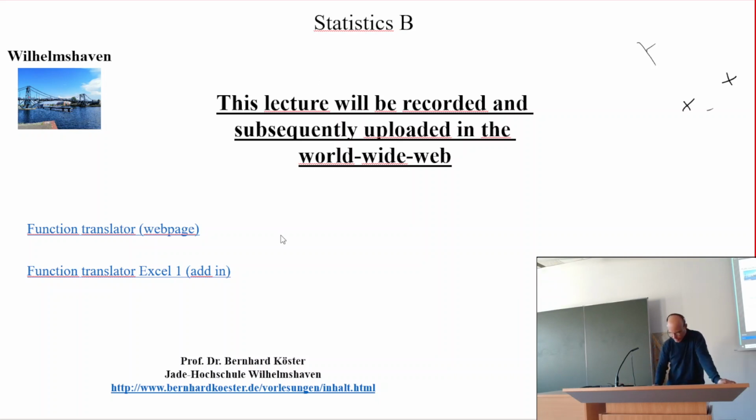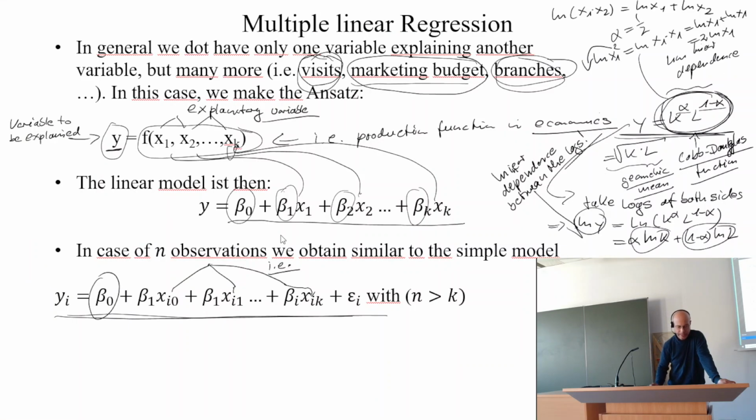Today, we are still at the regression, and last time we generalized our simple linear regression to the so-called multilinear regression, where we said we have many independent variables which influence some other variable, and this we model again in a linear way.